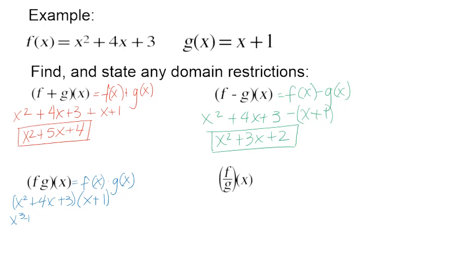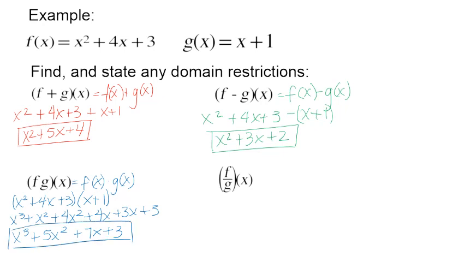X squared times 1 gives me plus x squared. 4x times x gives me plus 4x squared. 4x times 1 gives me plus 4x. 3 times x gives me plus 3x. 3 times 1 gives me plus 3. So I'd end up with x cubed plus 5x squared plus 7x plus 3. There you go.